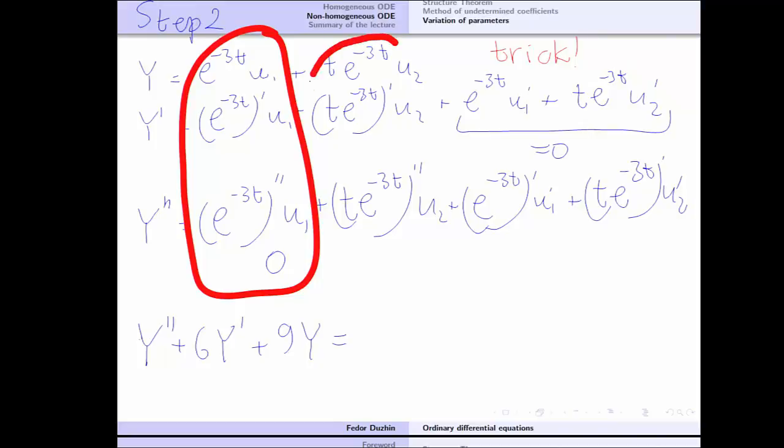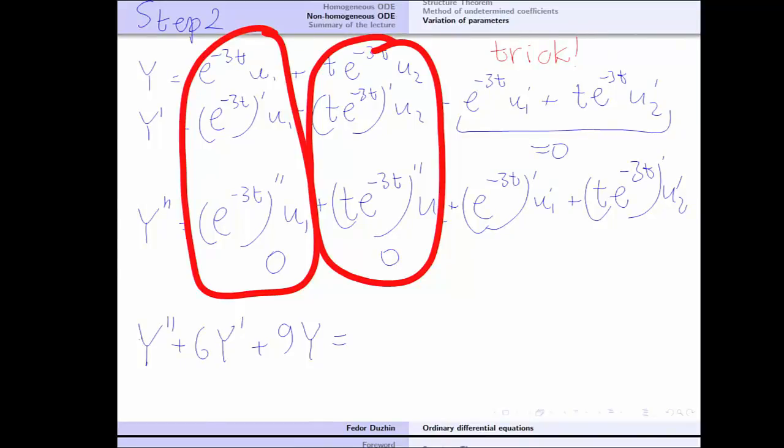But then, because of exactly the same reason, when you substitute everything into y double prime plus 6y prime plus 9y and combine all the terms with u2, again, since t times e to the minus 3t was by construction a solution of the differential equation y double prime plus 6y prime plus 9y, we're going to get 0 here too.